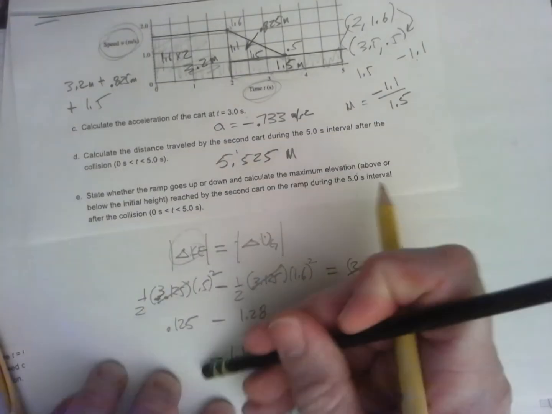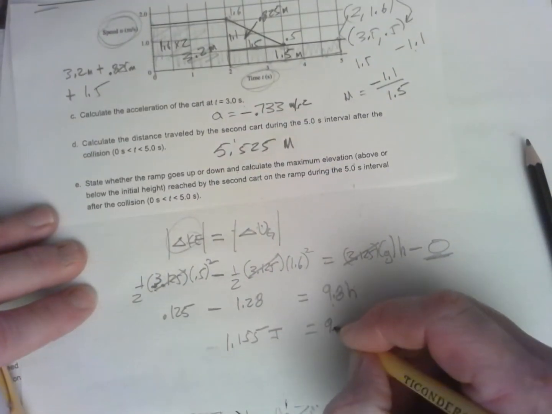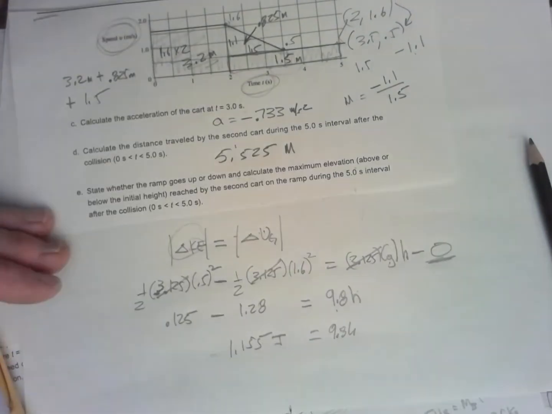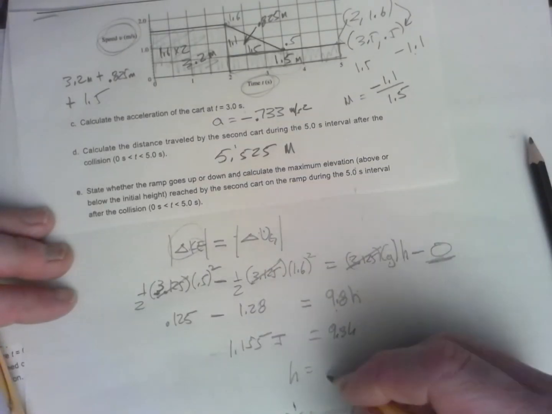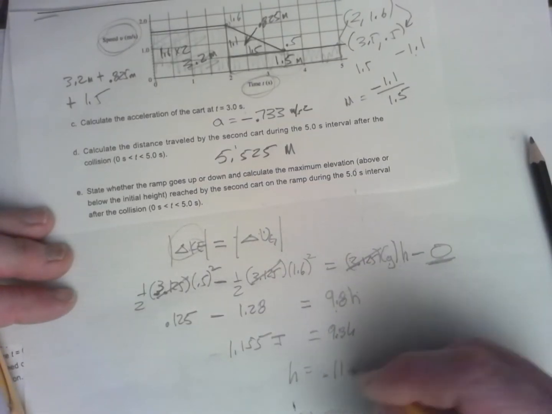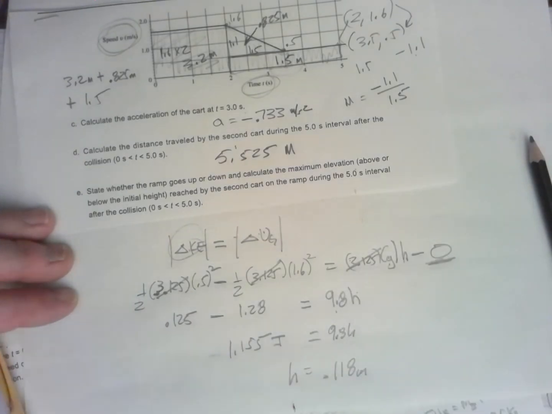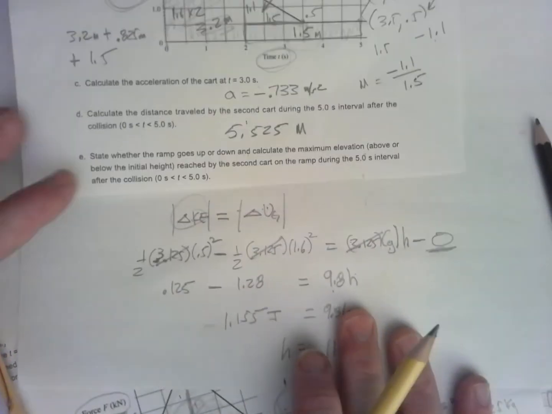So yeah, I'm just going to say their magnitudes are the same. And that's going to be 9.8 h, and we divide both sides by 9.8. And that ramp rose to a height of 0.118 meters, according to my calculations there.